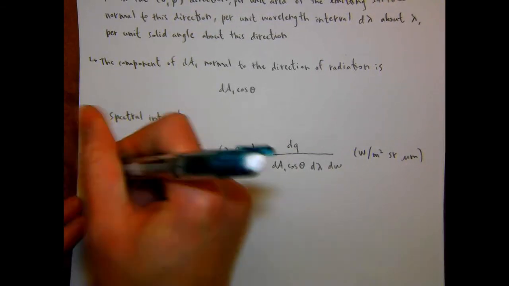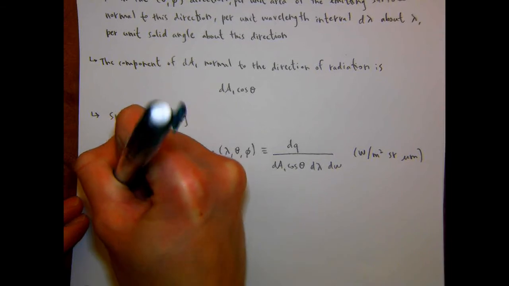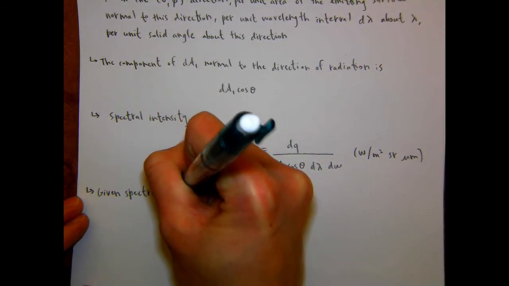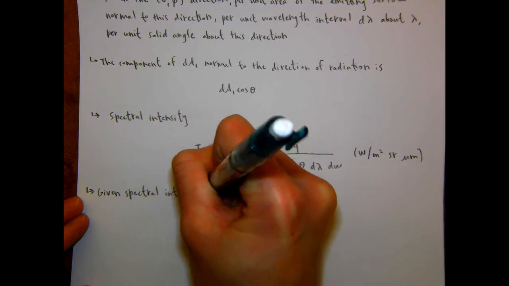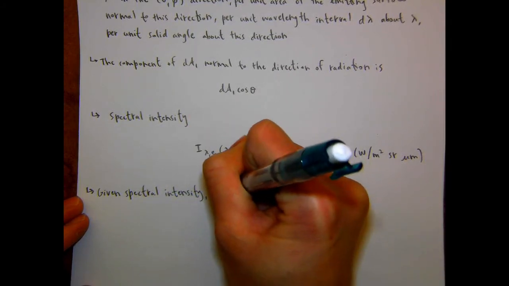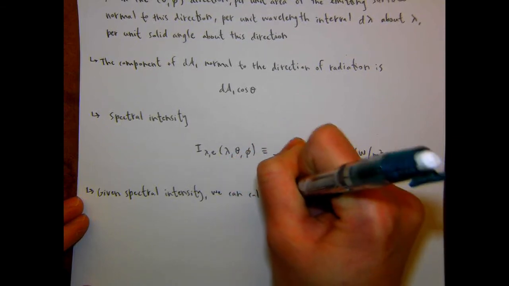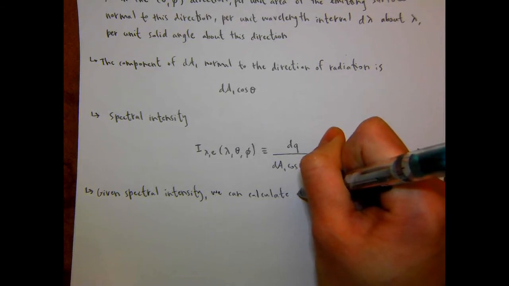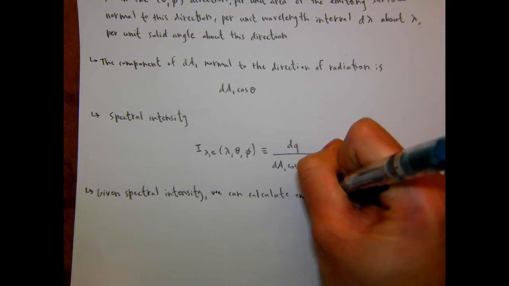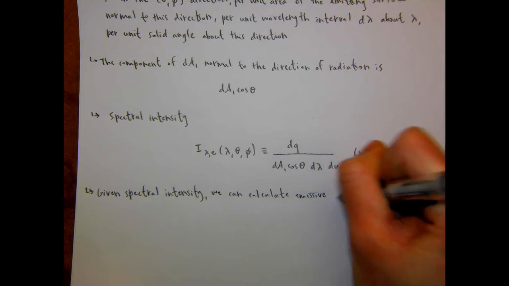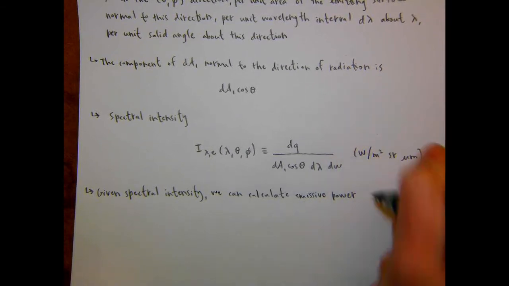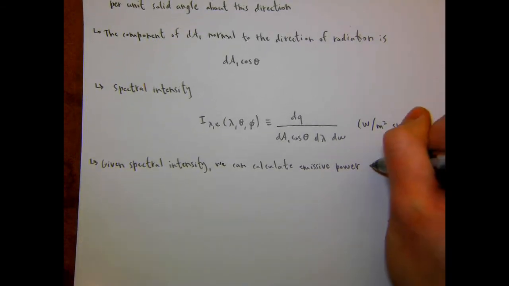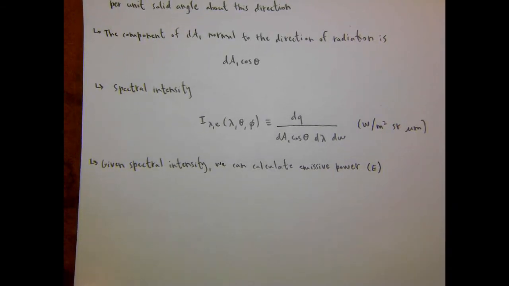Okay, so now let's just say given spectral intensity, we can calculate the emissive power, which is this quantity E that we've talked about before.